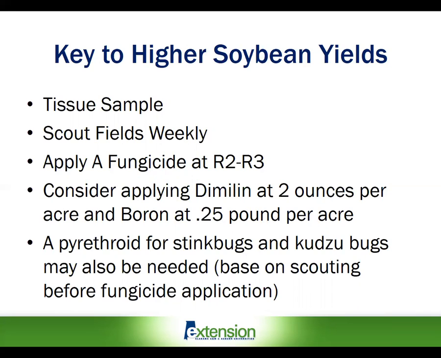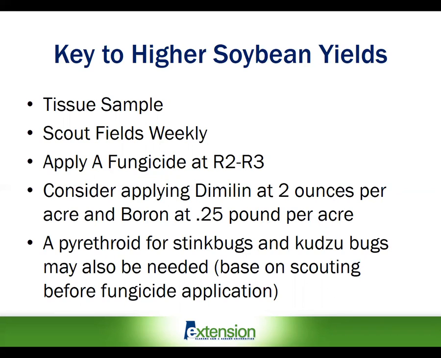Boron is an important nutrient for pollination. I would consider putting 1/4 pound per acre with my Dimilin and my fungicide. And 1/4 pound of boron per acre is a quart of the 10% liquid, or 1.25 pounds of the 20% powder.